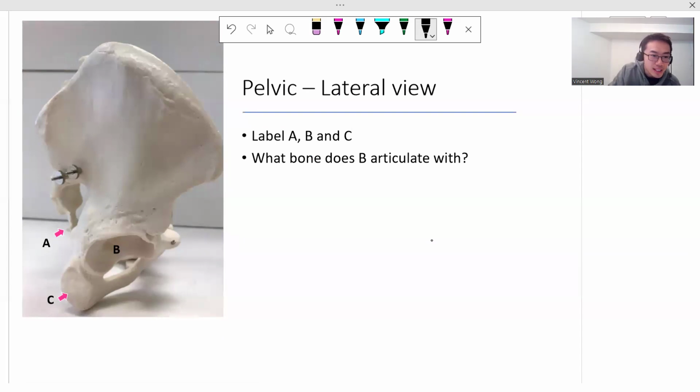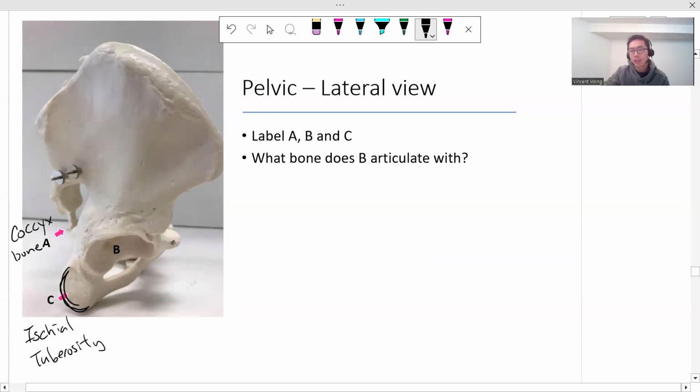Okay, so A here is the coccyx bone, 3 to 5 fused together, the tailbone. This is part of the ischium, and it's the part that we're sitting on. So that's the ischial tuberosity.